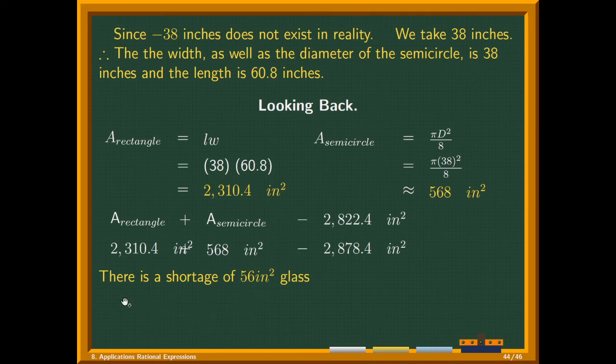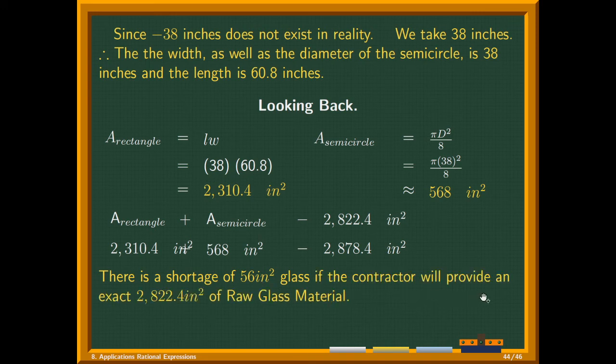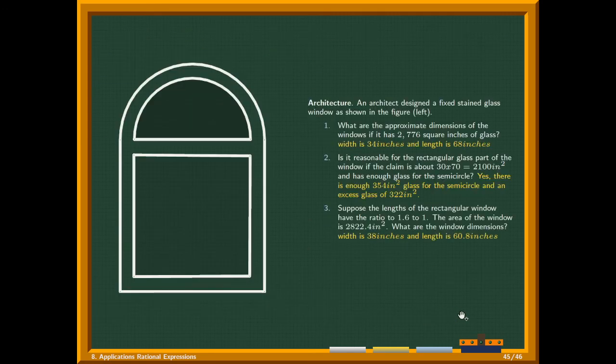So the answer is there is a shortage of 56 square inches of glass if the contractor will provide exactly 2,822.4 square inches of raw glass material. So in this case, the decision must be to provide at least 2,878.4 square inches of glass material.